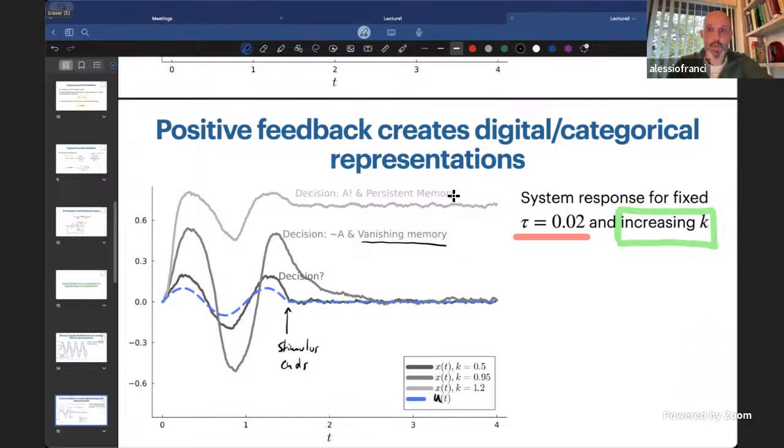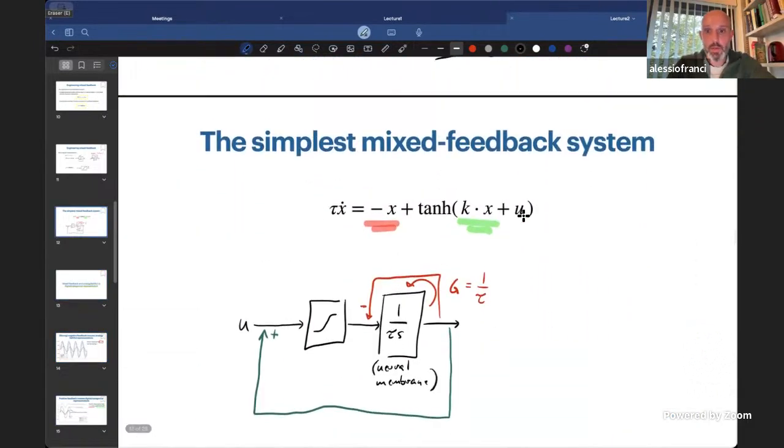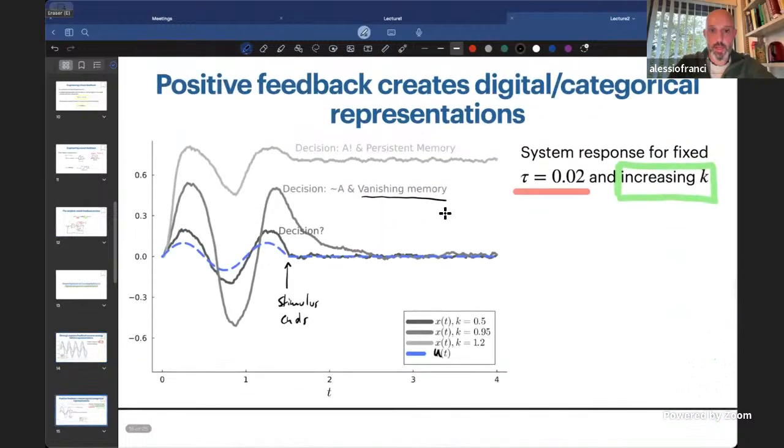And I don't know if you already did it, Omar, to study the bifurcation of this system. Probably yes. Otherwise, with the bifurcation theory that you saw with Omar, it should be pretty easy to understand why, as you increase k, there is this transition from this type of response to this type of response.